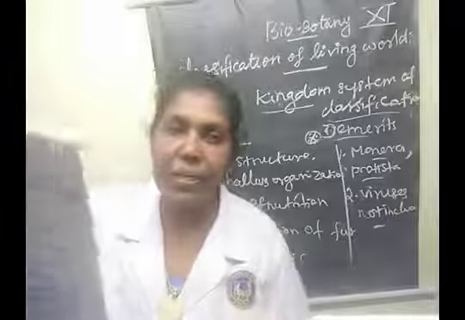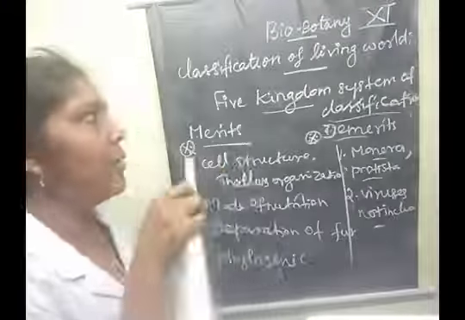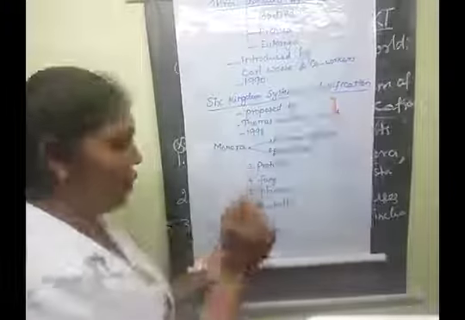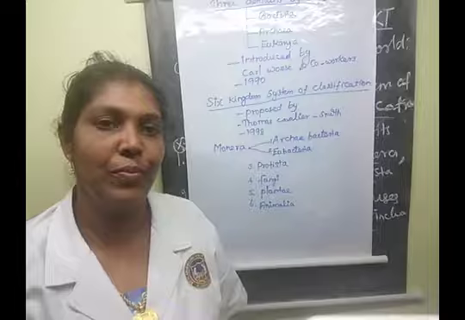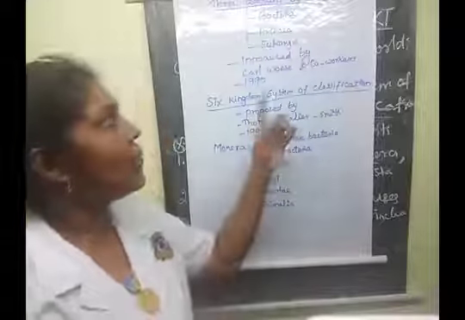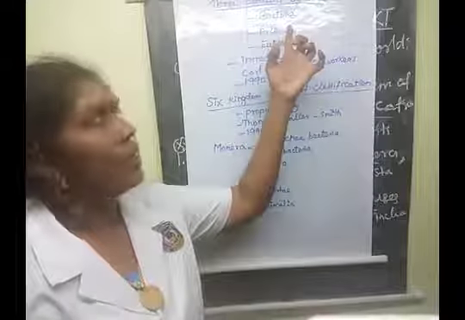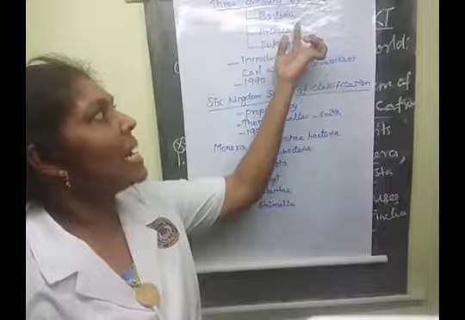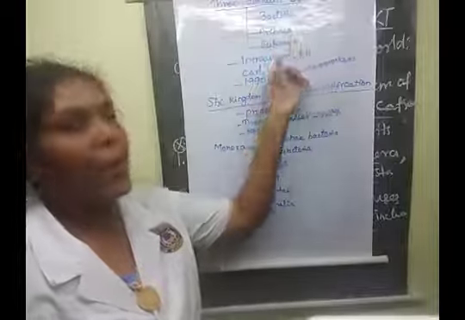Next one, the living world. The living world is classified into three domains. So all living organisms are classified into three domains. What are the three domains of life? Bacteria, Archaea and Eukarya.